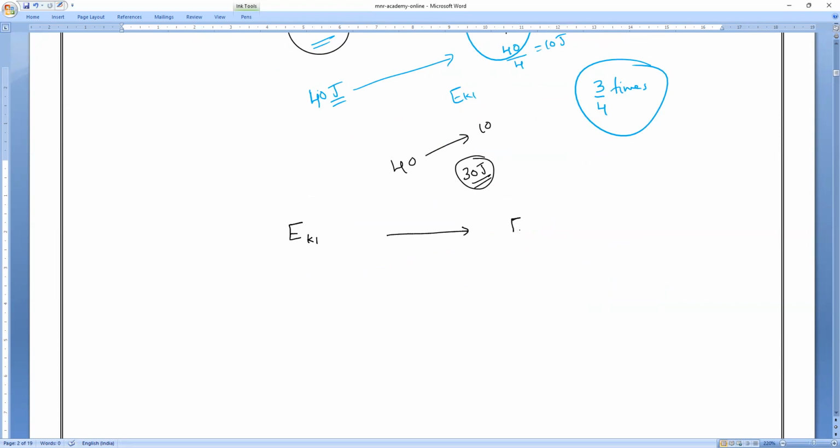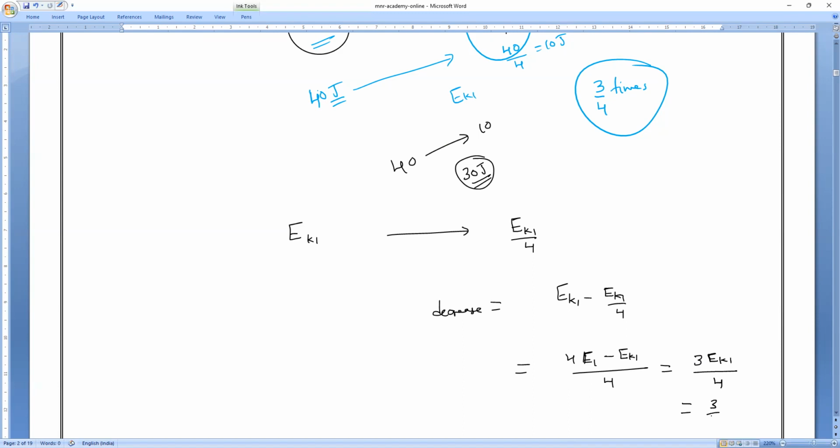Same way, initial kinetic energy is EK1 and final kinetic energy is EK1 by 4. So how much has it decreased? EK1 minus EK1 divided by 4. LCM 4, so 4 EK1 minus EK1 divided by 4, which becomes 3 EK1 divided by 4, which equals 3 by 4 times of EK1.